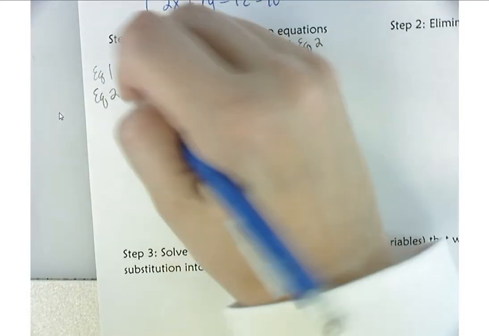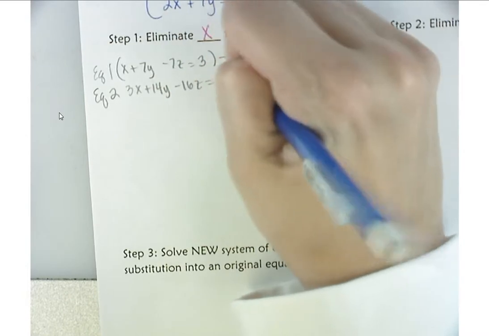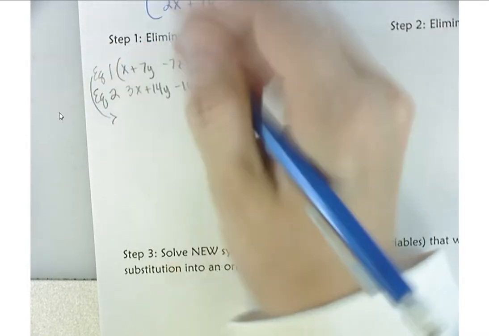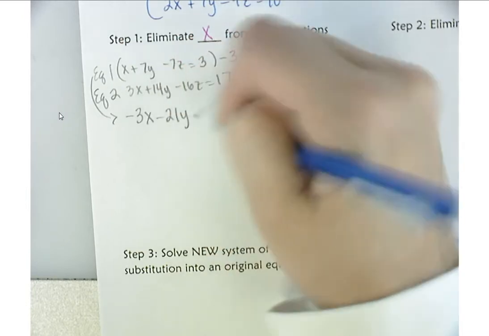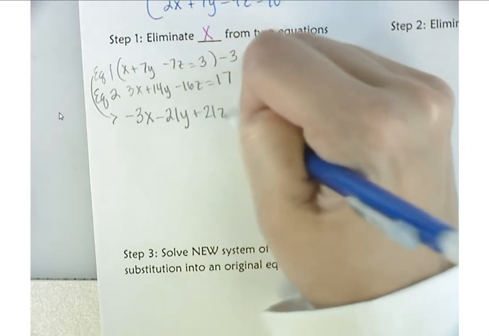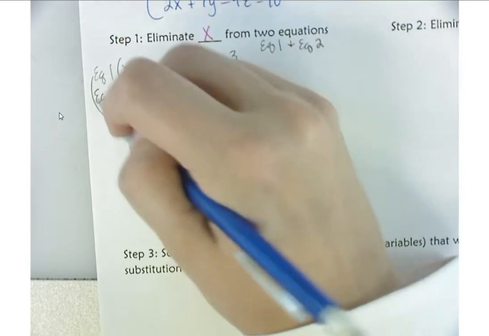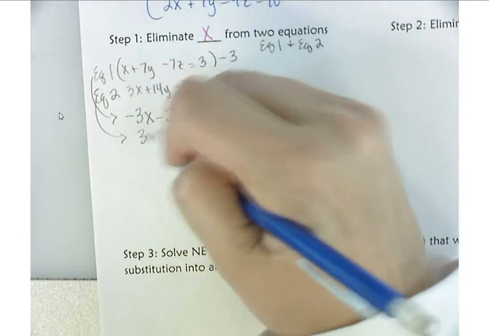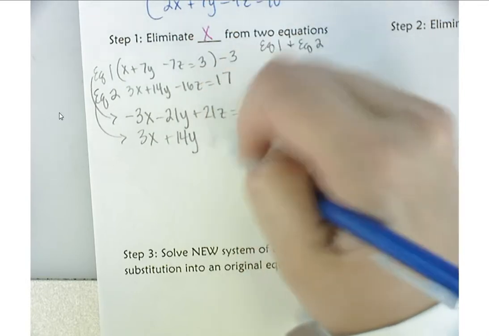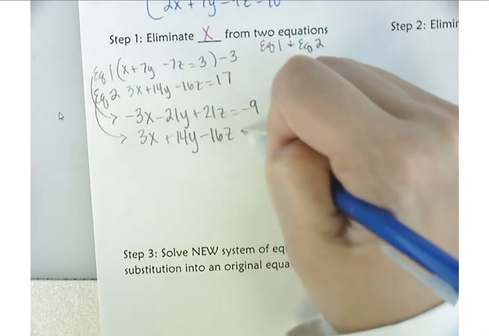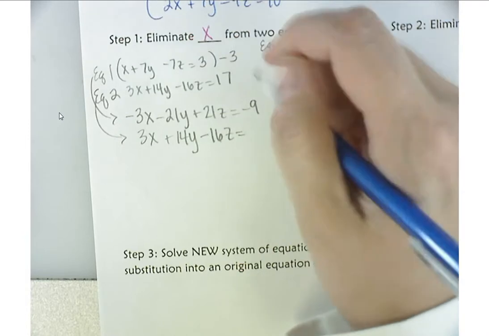So I'm going to have to multiply everything in equation 1 by negative 3. And I'll write the result down here. So negative 3x minus 21y plus 21z equals negative 9. And then I'm going to keep equation 2 the same. Okay, sometimes you might have to multiply both equations by something, and that's fine too.